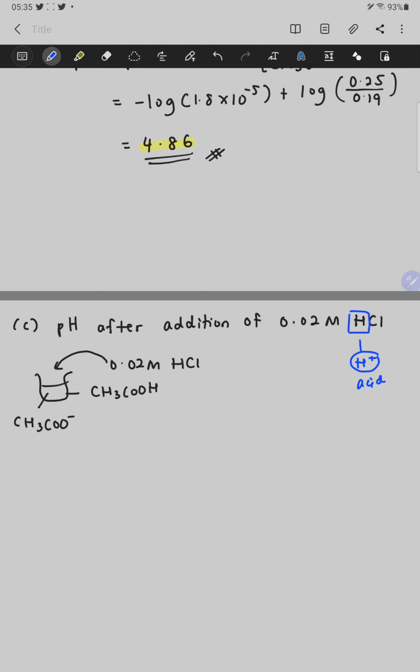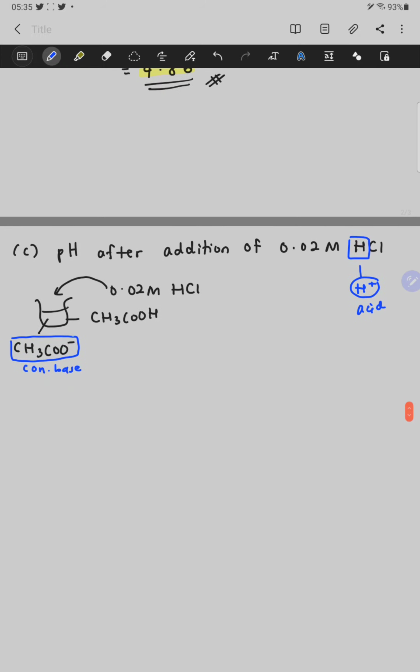So, untuk buffer action, conjugate base, so base ini yang akan neutralizekan acid. So, you guys kena pandai pilih antara dua spesies ni yang mana yang akan react untuk neutralize ataupun remove H+ ion from the HCl. Okay, so conjugate base yang akan react with ataupun neutralize the H+. So, barulah kita akan buat buffer action.